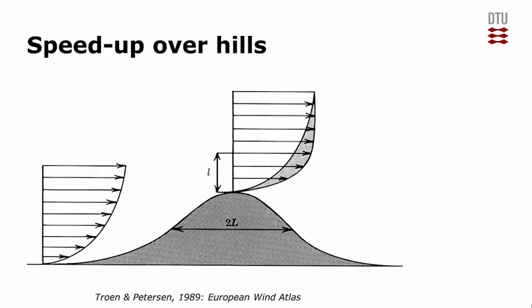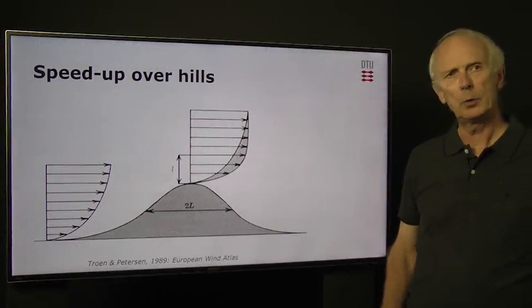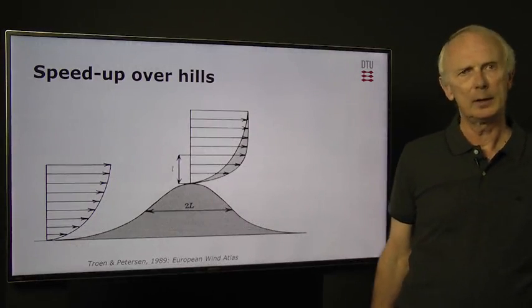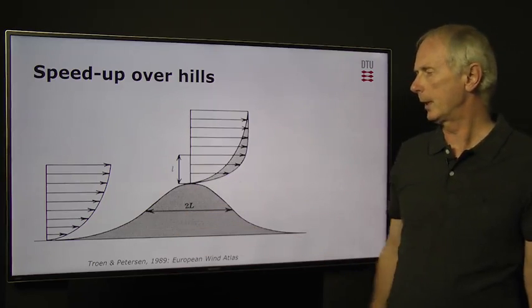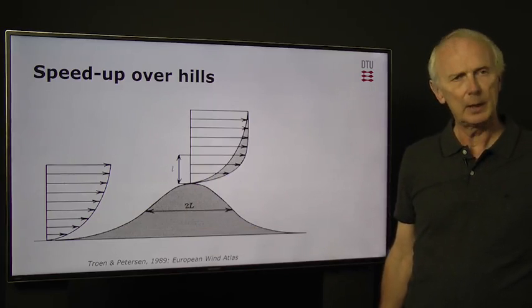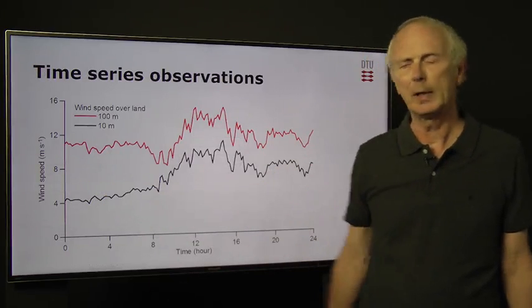So it's a very good idea, if you want to put up wind turbines, to put them on top of the hills. But small hills are not good for large wind turbines. There has to be a certain connection between the size of the wind turbine and the dimensions of the hill. But putting up a wind turbine on a hill can give a much higher energy production than if you just put it over land.